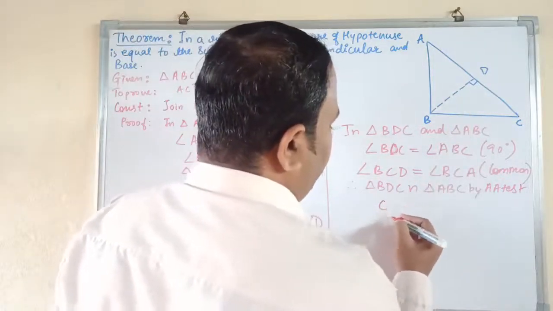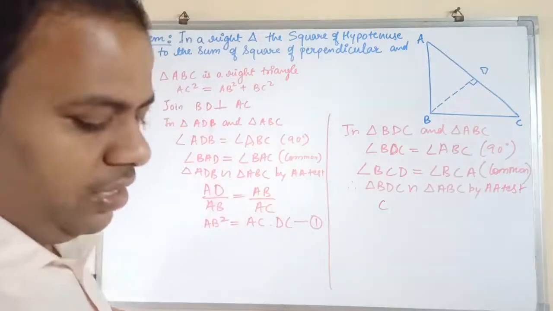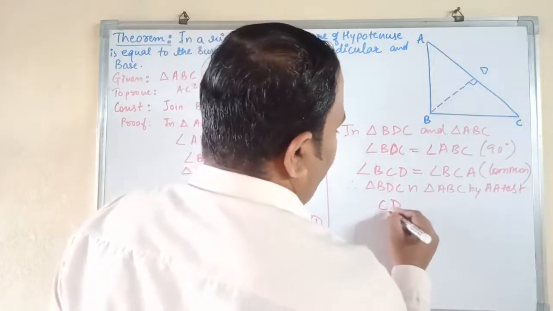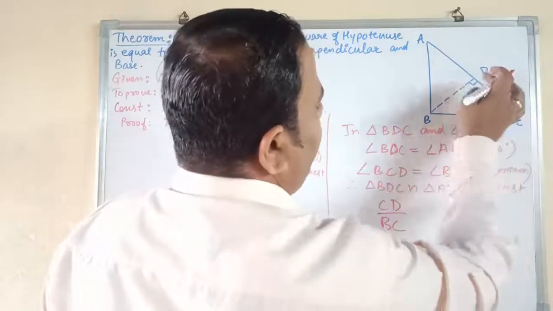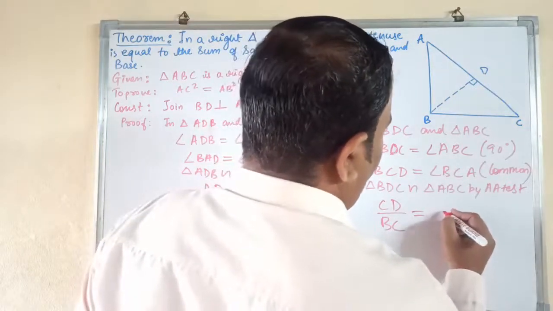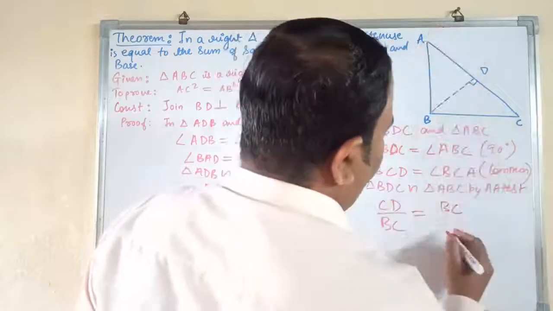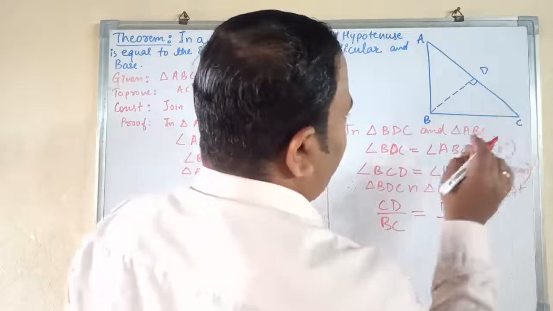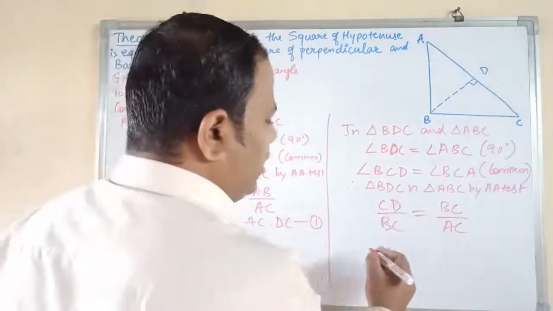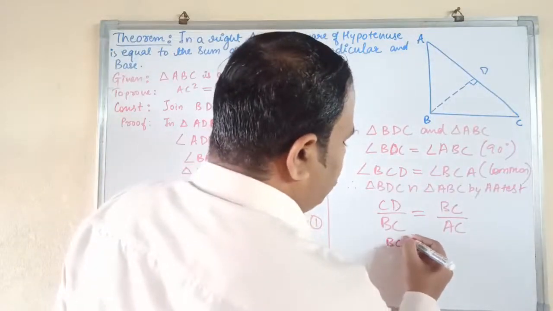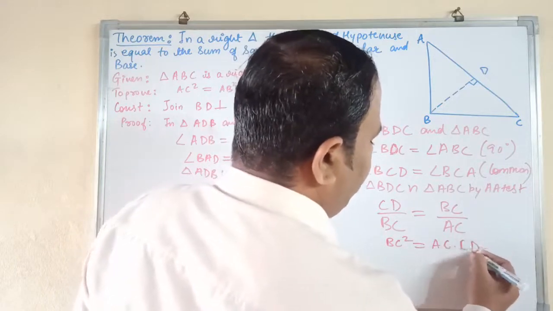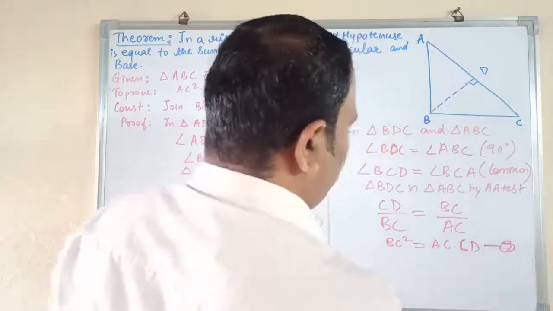So see the smaller side, that is CD, CD by BC is equal to BC upon the hypotenuse, that is AC. Yes, BC is the hypotenuse for the lower triangle and AC is the hypotenuse for the bigger triangle. So we can write it like this. So now BC square is equal to AC multiplied by CD. So this is equation 2.